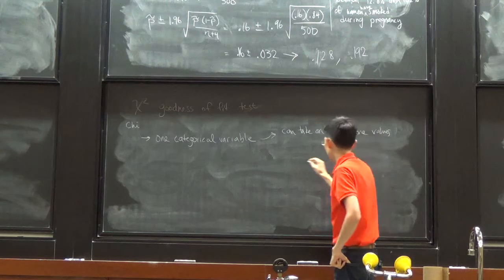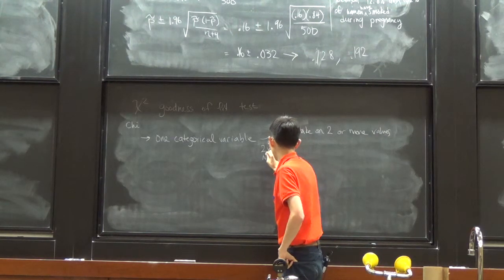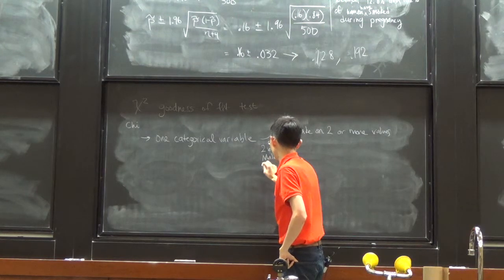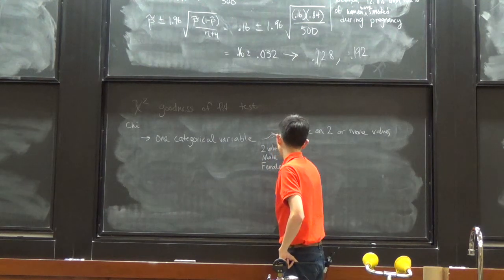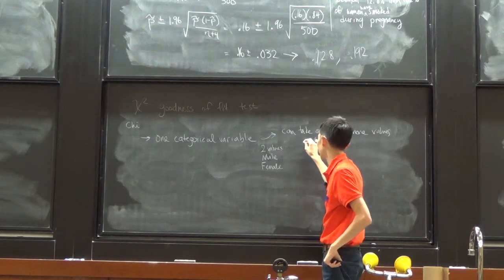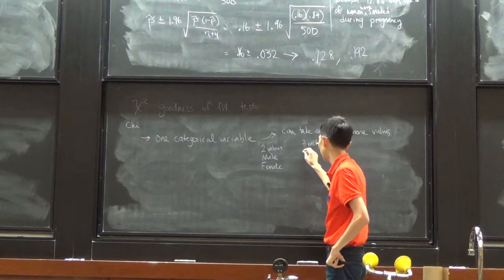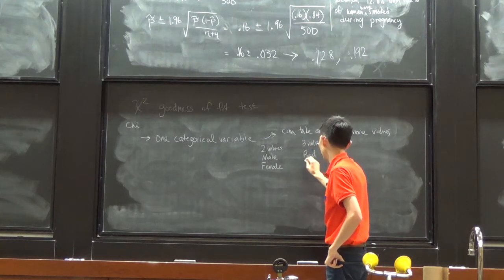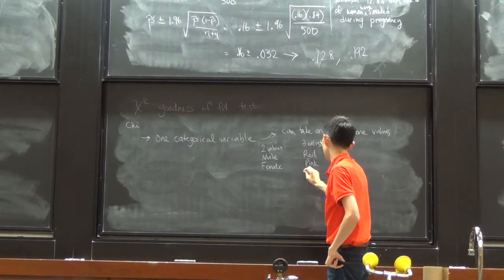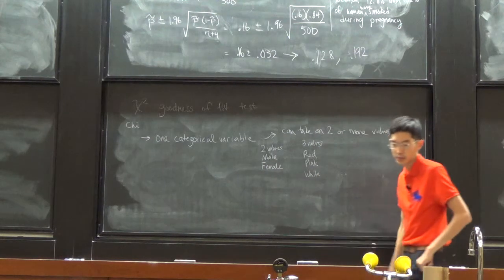So for example, we could have two values such as male, female. Or it could be three values, and we're talking about colors of a plant. It could be red, pink, white, etc.